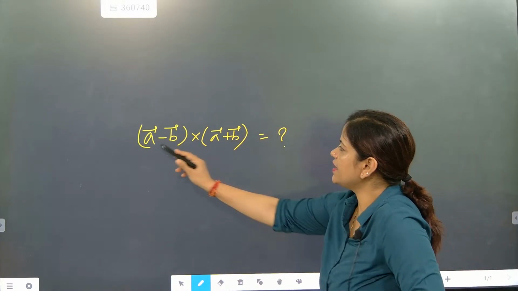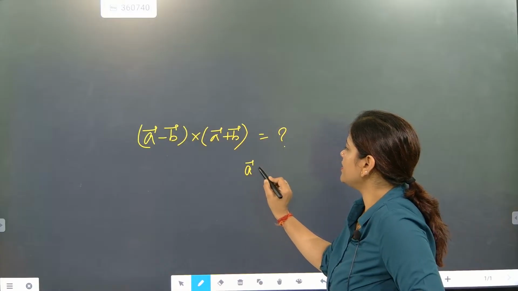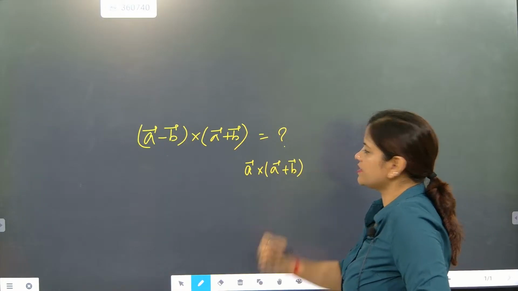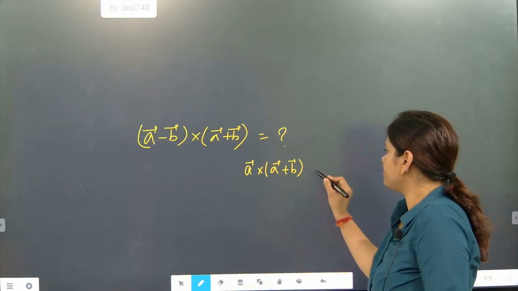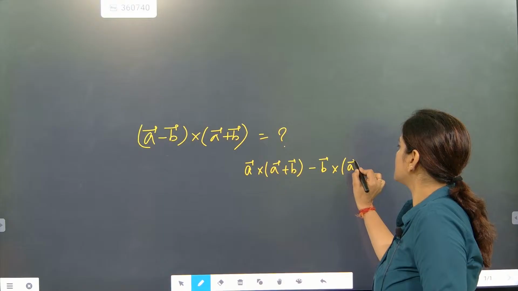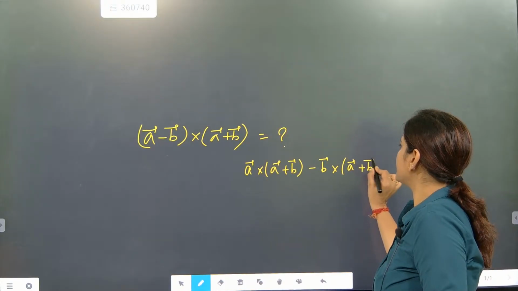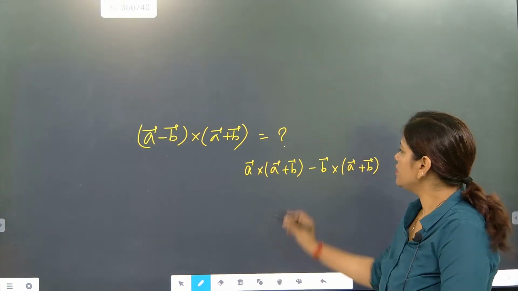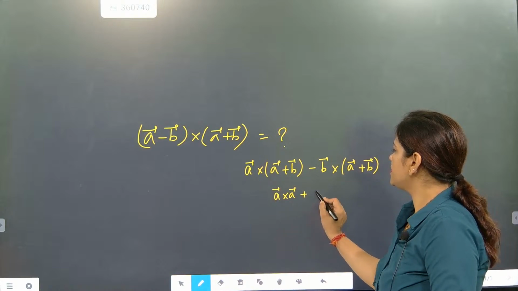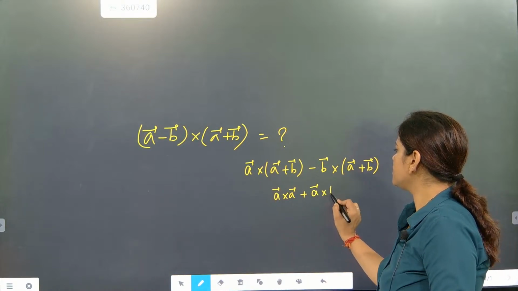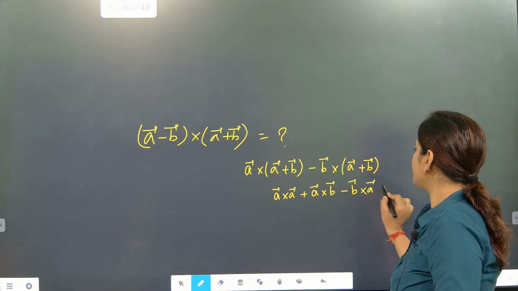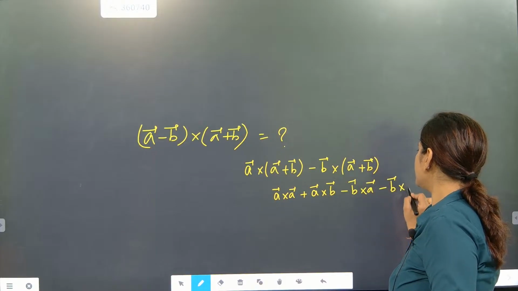So first, again, we will distribute A vector cross A vector plus B vector. Done? Now look here, minus B vector cross A vector plus B vector. Now cross means A vector cross A vector plus A vector cross B vector minus B vector cross A vector minus B vector cross B vector.